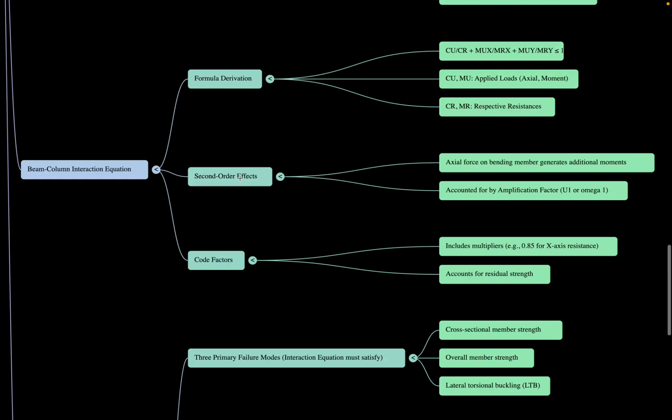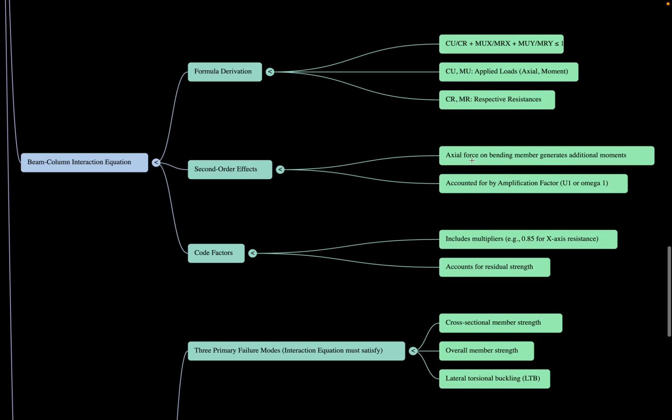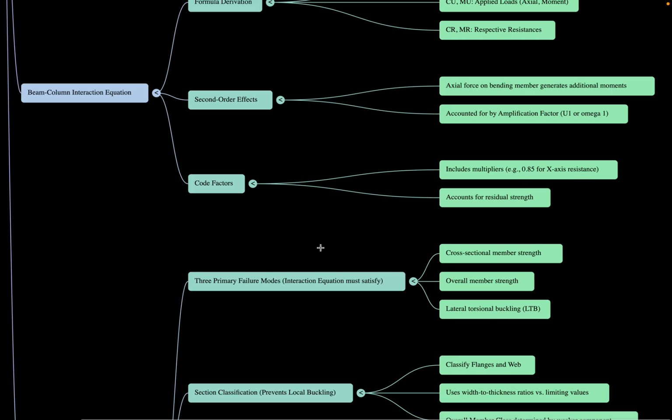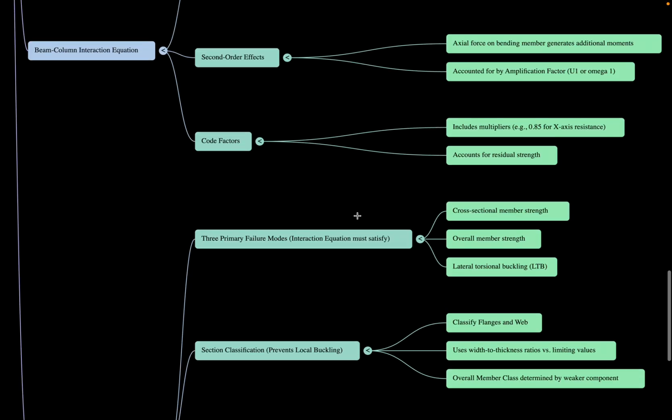We also spoke about second order effects, which affect the moment resistance. Axial force on bending members generates additional moments, accounted for by the amplification factor U1 or omega 1. We also spoke about the code factors, which include 0.85 to account for residual strength, and beta.